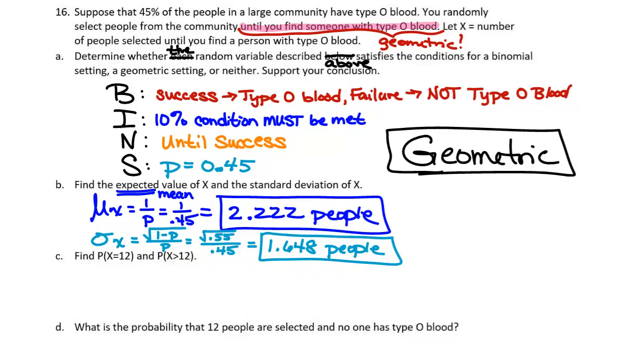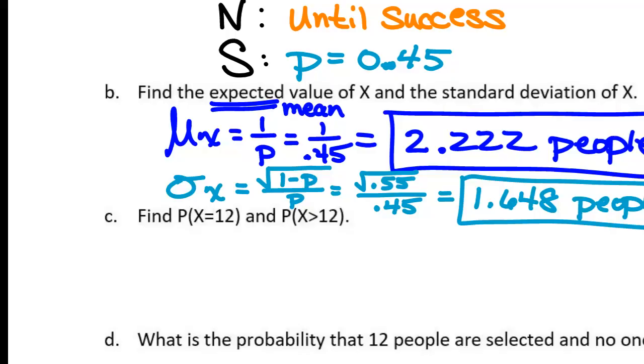Find the probability X equals 12 and the probability that X is greater than 12. So let's first do the probability that X equals 12. What does that mean? Yes, that on the 12th person we find someone with type O blood. So that means we had how many failures? 11 failures.